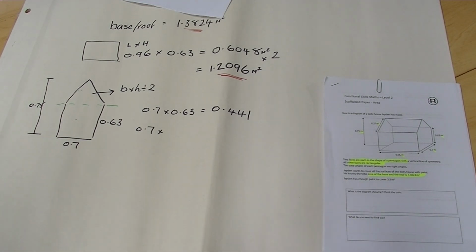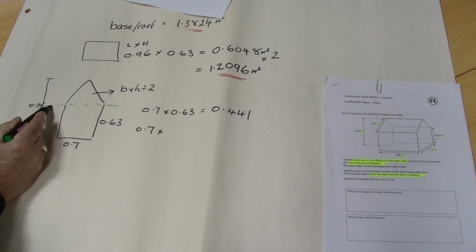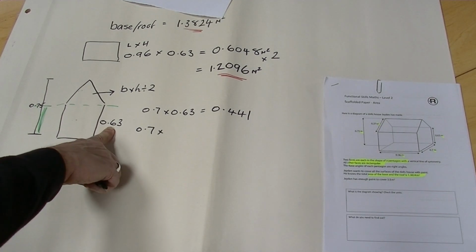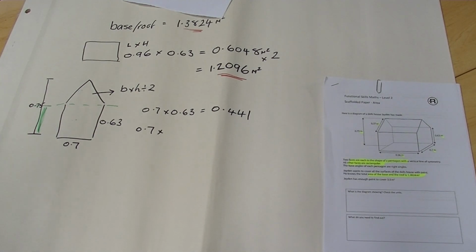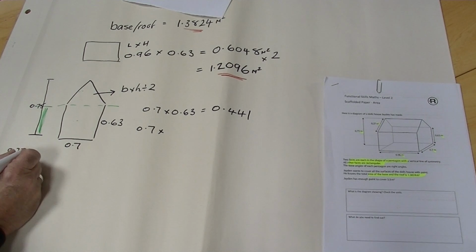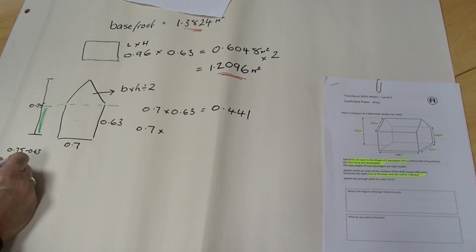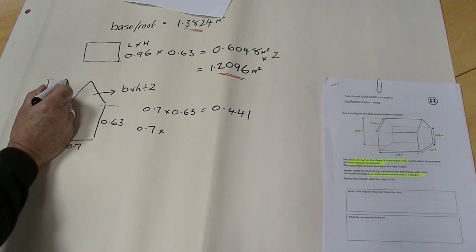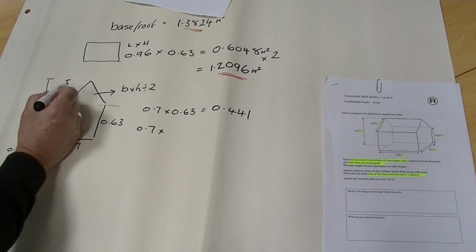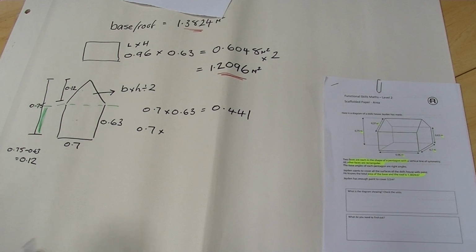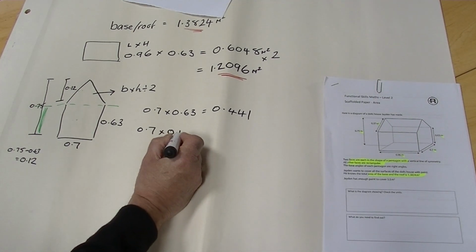If we already know that this bit here is 0.63, we've got 0.75 minus 0.63, which is going to give us 0.12. So we now know that the height of the triangle is 0.12. Put that into our equation.